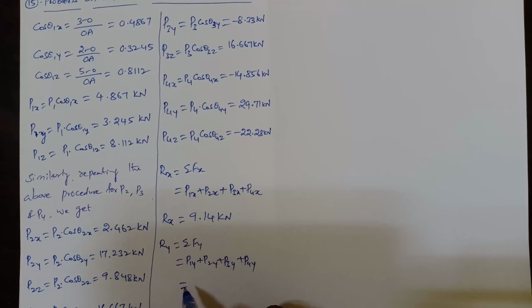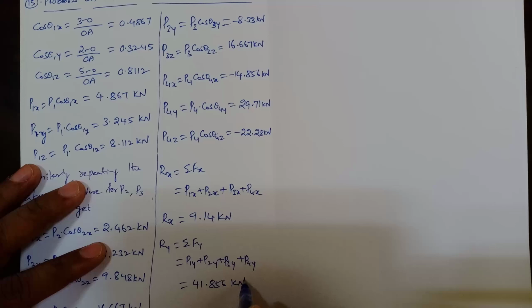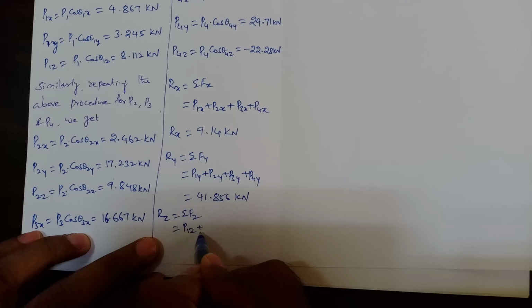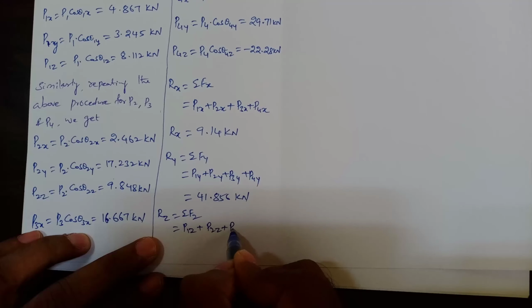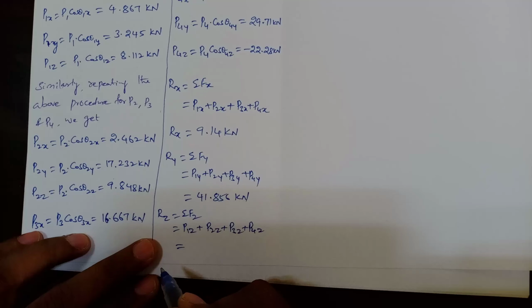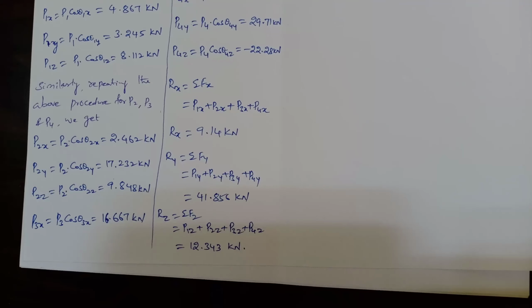and substituting all these values here, we get this value equal to 41.856 kilonewton. Similarly, Rz is equal to sigma Fz, it is equal to P1z plus P2z plus P3z plus P4z, and that is equal to 12.343 kilonewton.